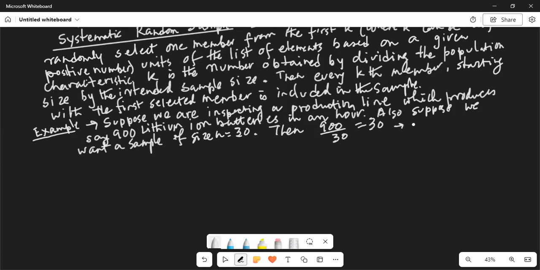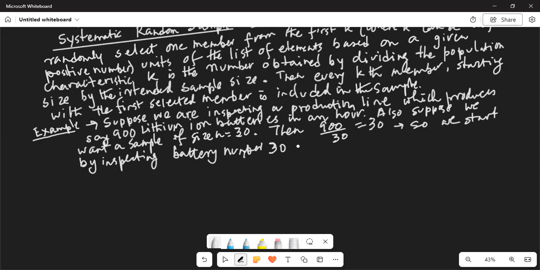So we start by inspecting battery number 30, and every 30th battery after that.